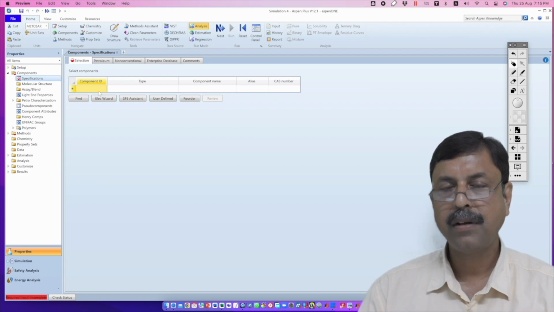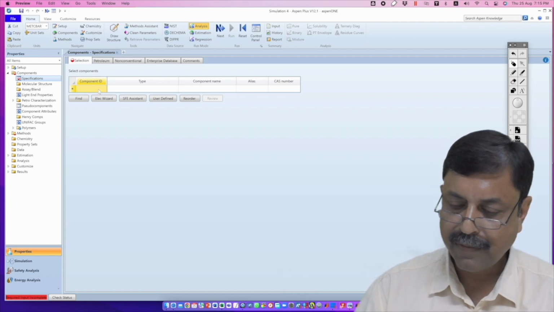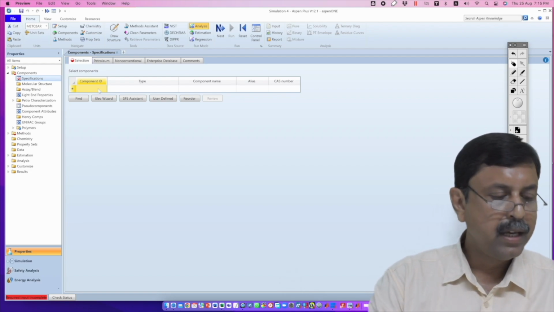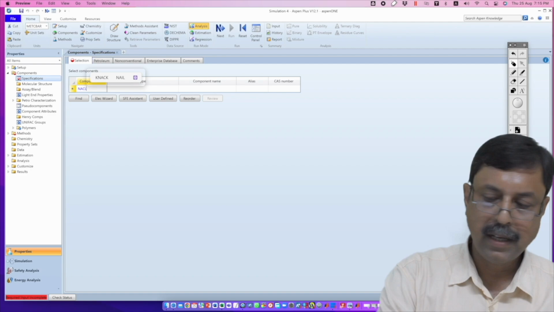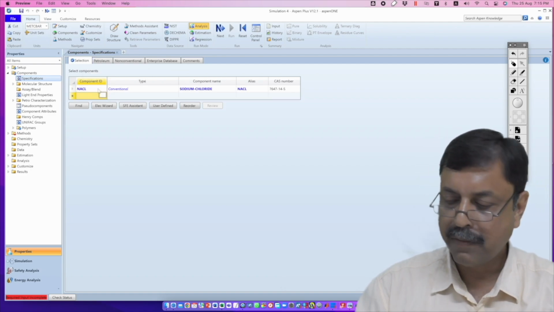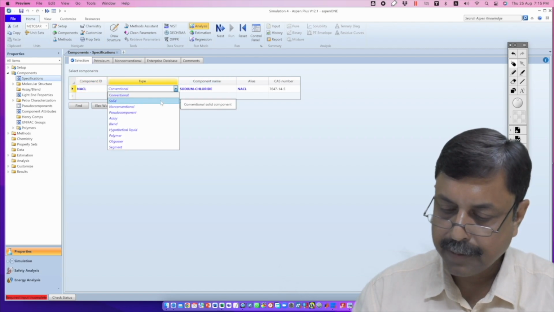But we have to make sure that we have both NaCl in mixed solution and NaCl in solid form. So we have to define NaCl in both of them. Let us use NaCl over here. By default, it will go to conventional, but we have to make it solid.